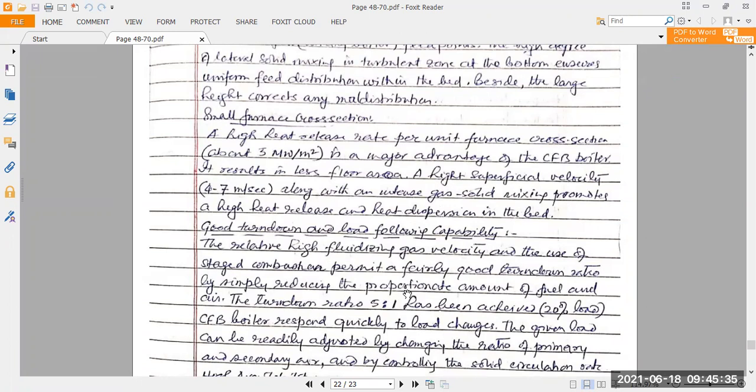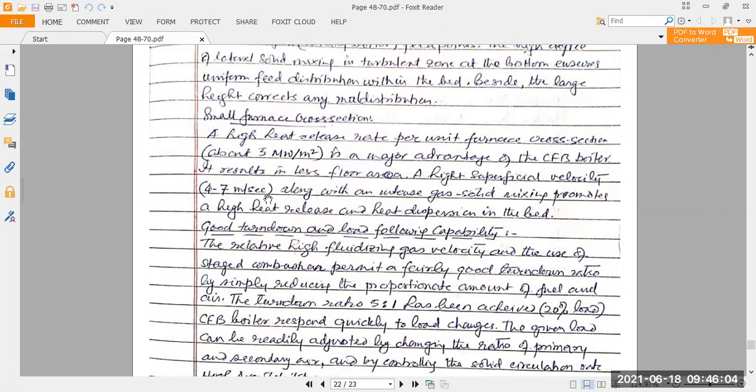It results in less floor area. You can make the height considerable, but the floor area doesn't become very big, so the furnace doesn't have to occupy a big space.